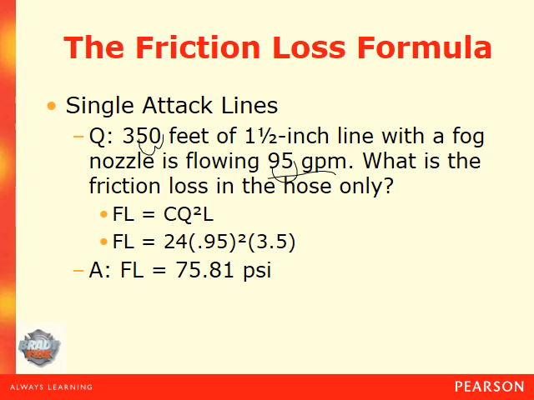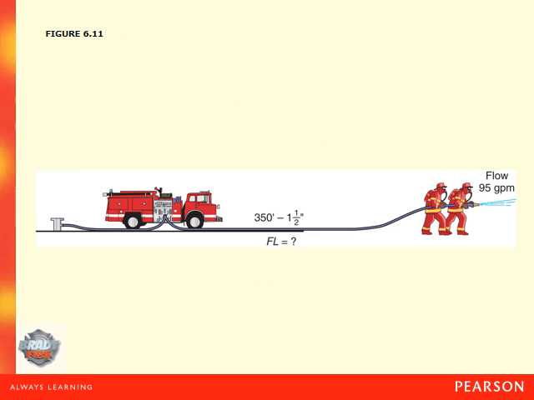Then we're going to multiply that by 3.5, and then we're going to multiply that by our coefficient of 24, and that gives us an answer of 75.81 pounds per square inch. So our friction loss in this problem here is going to be 75.81, or just go ahead and round it up to 76 psi.